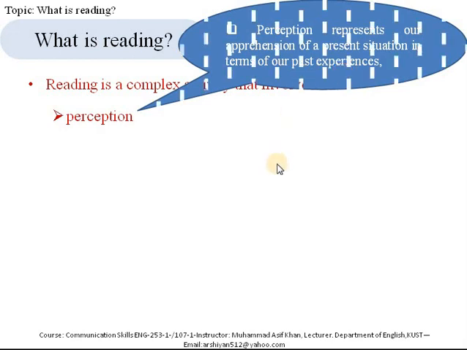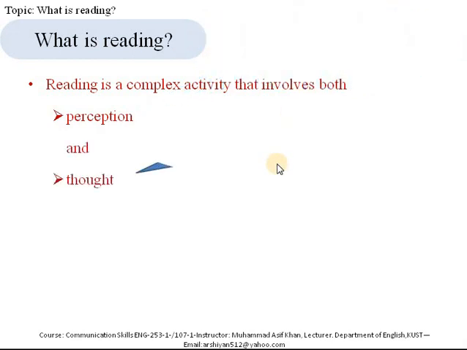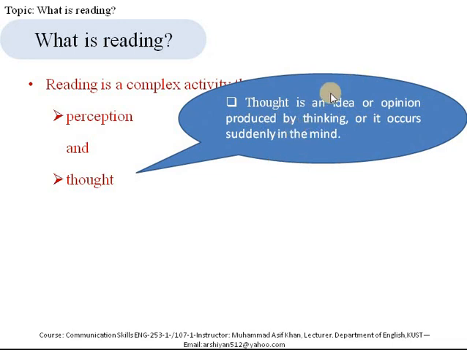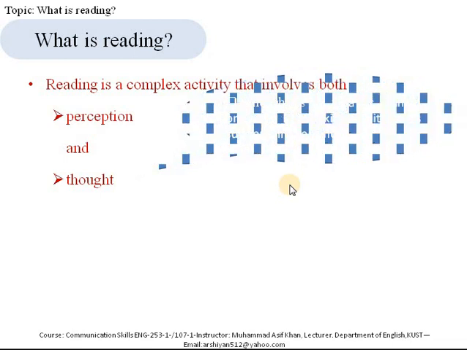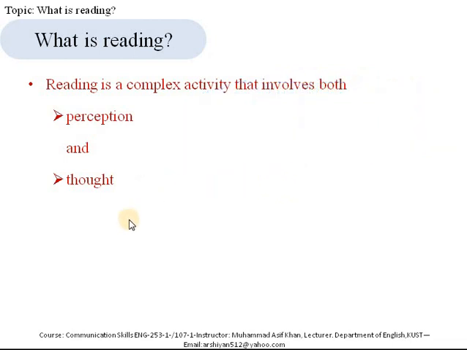And by thoughts, I mean an idea or opinion produced by thinking, or that comes suddenly in the mind. So it is not a simple thing. It is basically a complex activity, and here you form perceptions and thoughts.